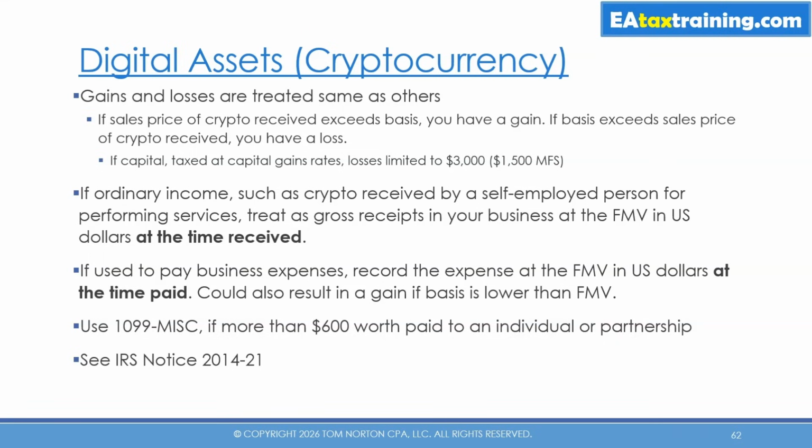So you're using that same crypto to pay somebody else for $500 worth of services. Well, you now have a $400 gain on the disposition of that crypto because you got $400 more value than you received. If you want more details about this, you can see IRS Notice 2014-21.